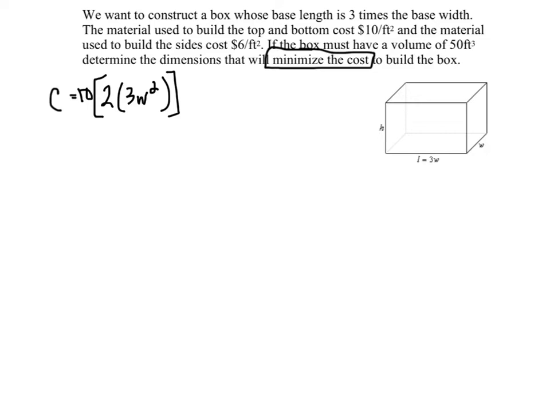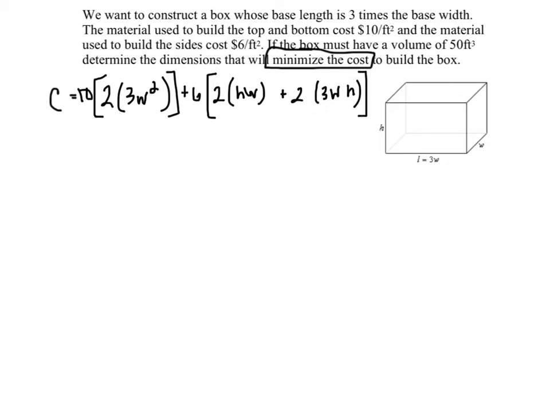Well, I've got 2 sides that are H by W, and I've got 2 sides that are 3W by H. And again, this whole thing is being multiplied by 6 because it's $6 per square foot.